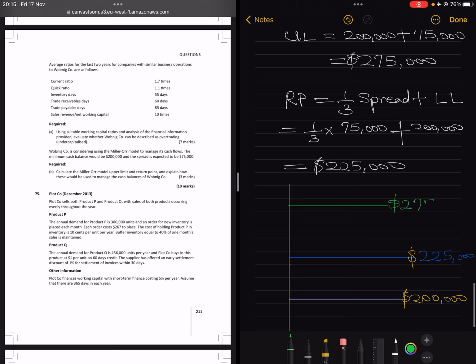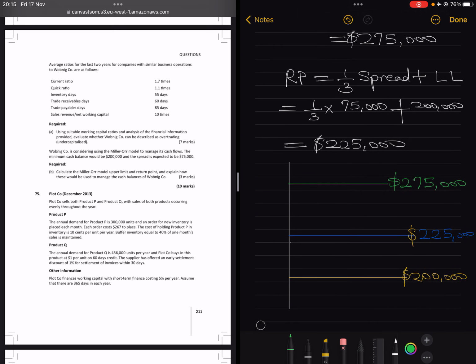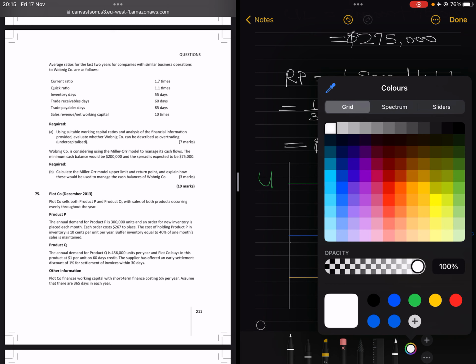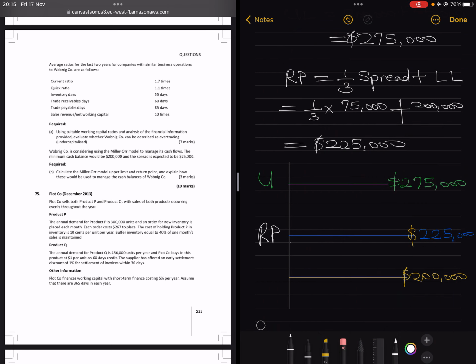So this is the max, which is the upper limit. This is the return point, and this is the lower level, and this is the upper level.